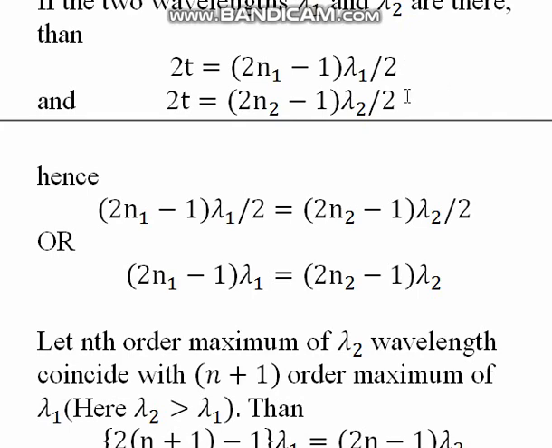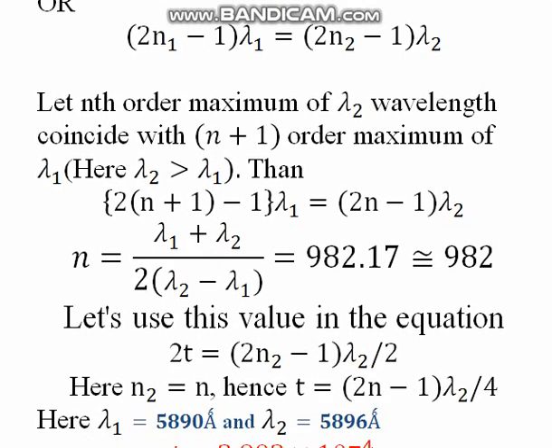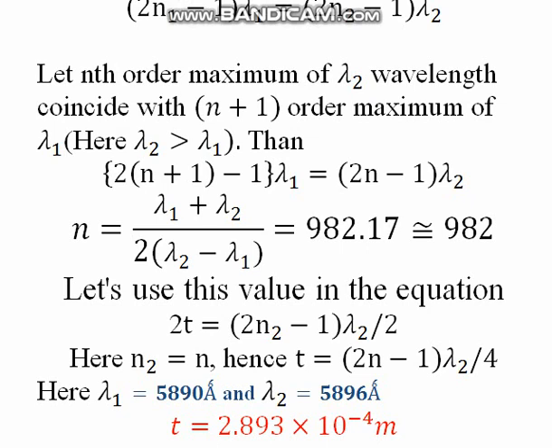Here we obtain these two equations. Let's put the value of n in one of them. We put the value in this equation, where n2 is equal to n, and we solve this equation for t. So the equation comes to be this. In this way we obtain the t value by putting the lambda 1 and lambda 2 values. So t is calculated.